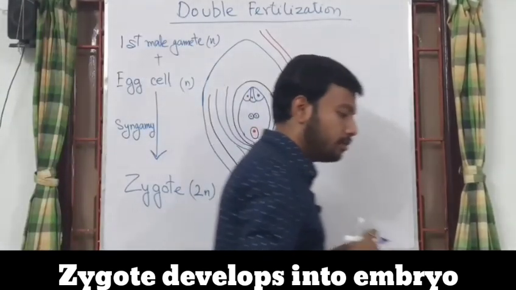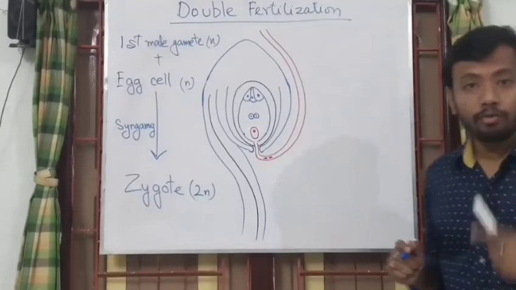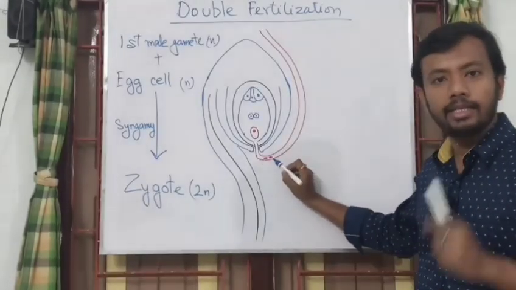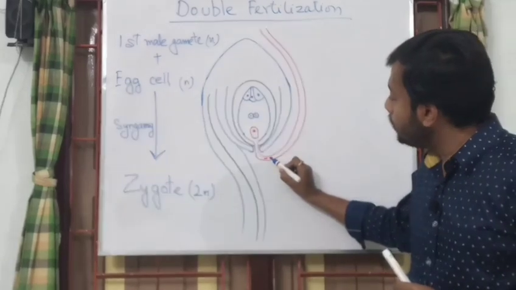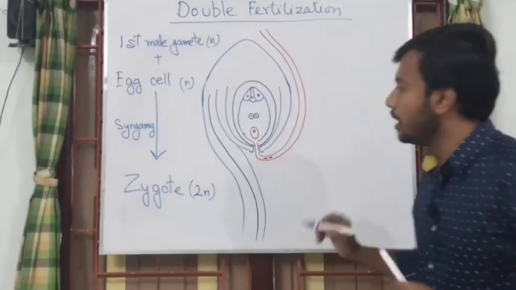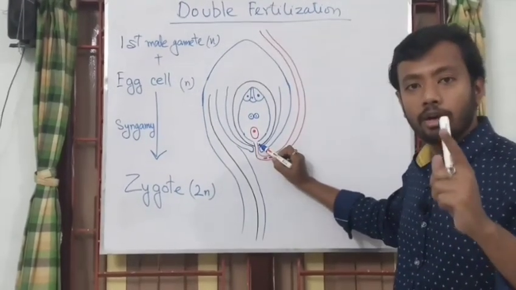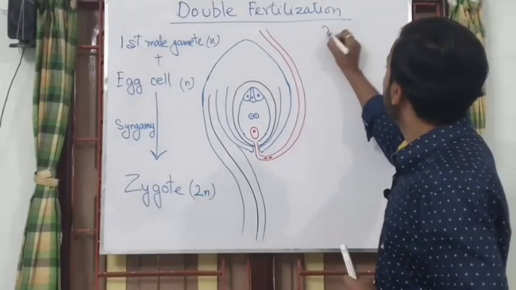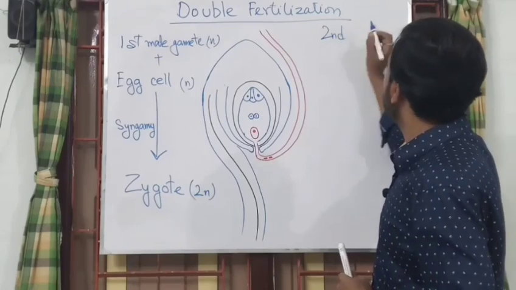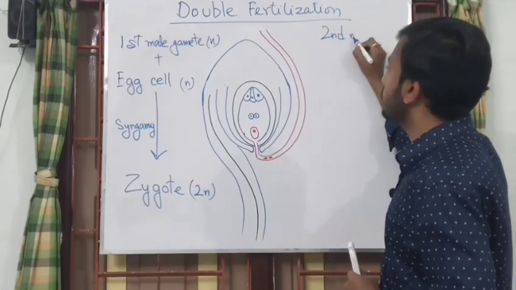Now we will try to find out the fate of the second male gamete. We all know that there are two male gametes inside the pollen tube. So what will happen with the second male gamete? The second male gamete will be liberated after the liberation of the first male gamete. Now let's track its fate.